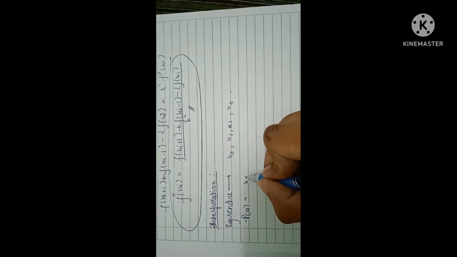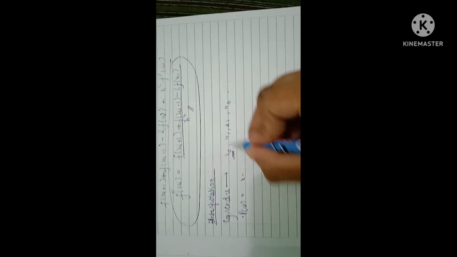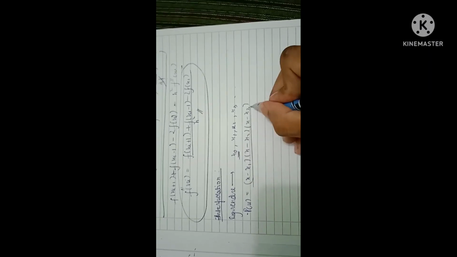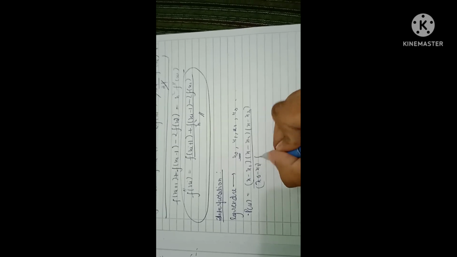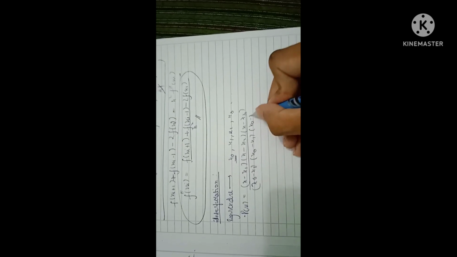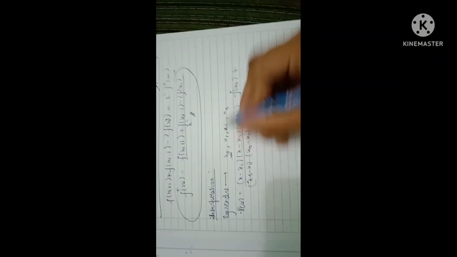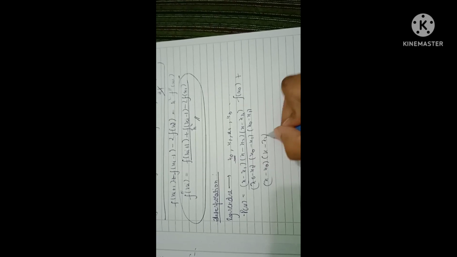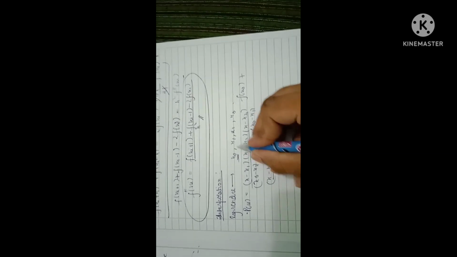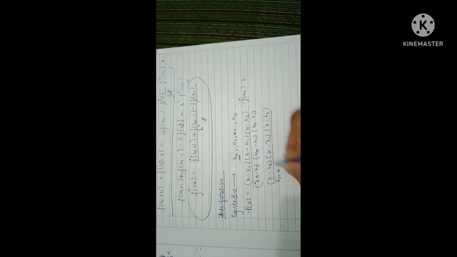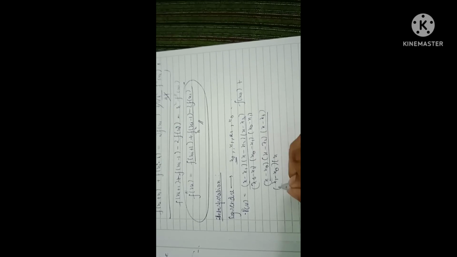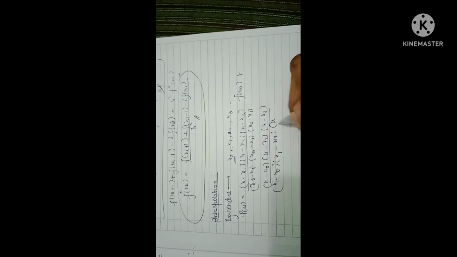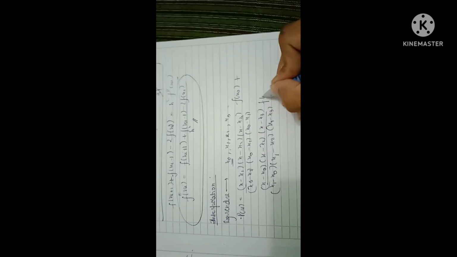Now see the pattern. Firstly, we don't write the term for x0 in the first, and we will write x minus x1, x minus x2, x minus x3, up to xn, and so on. And then we write x0 minus x1, x0 minus x2, x0 minus x3 below, and then we write f of x0. Then simply repeat this process: x minus x0, do not write x minus x1, write x minus x2, x minus x3, upon x1 minus x0, x1 minus x2, x1 minus x3, f of x1.